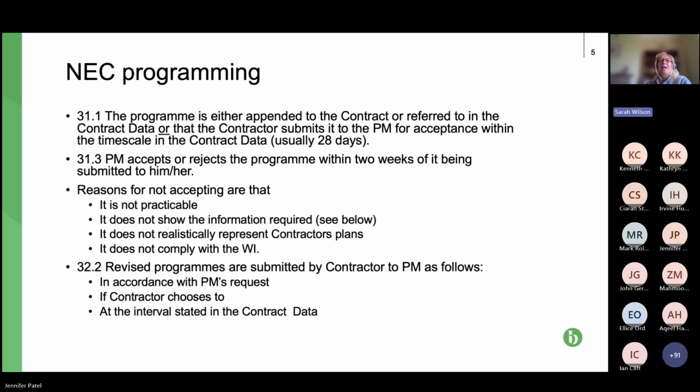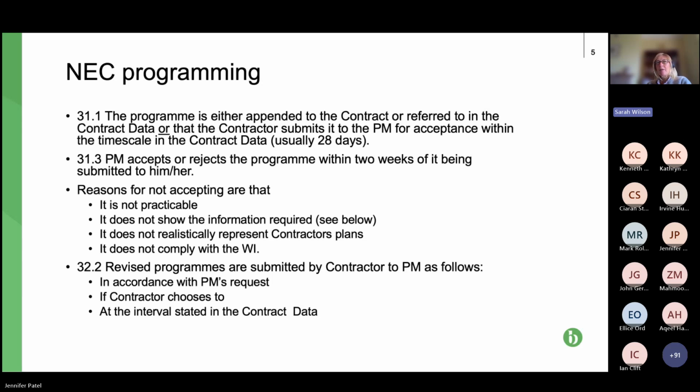Thank you. Yes, so it's got to be submitted by whatever timescale is set out in the contract data for submitting the first accepted programme. Usually it's 28 days. So then, as we'd expect with NEC, it's a prescriptive contract, so 31.3 then passes it to the PM, and the PM has to do something with the accepted programme.